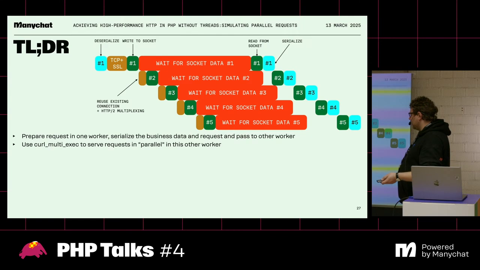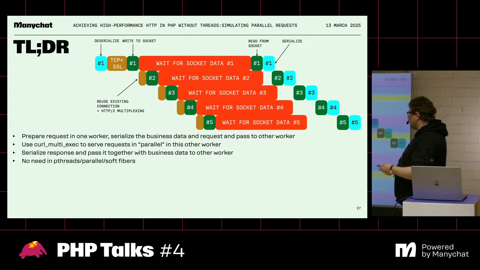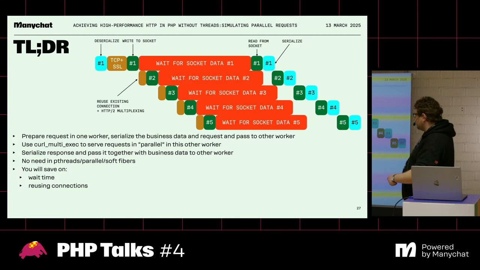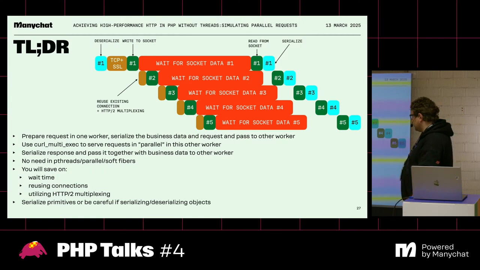With the multi-exec function, they are simulated parallel, and there was no need for grown-up, highly concurrent solutions like pthreads or parallel for PHP or an additional language like Go or something else. And we saved on this waiting time, on reusing the established connections and utilizing HTTP/2 multiplexing.